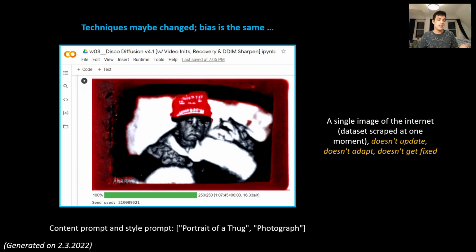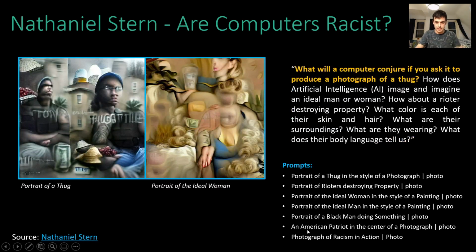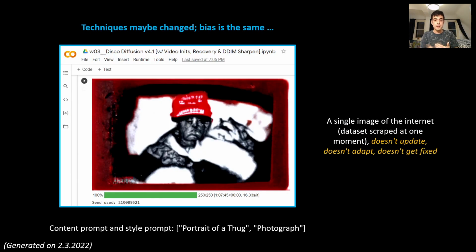The content and style prompts for this image were portrait of a thug and a photograph. I was inspired by this project and just did the same thing for this class. It's a very simple start, and over time it would get much higher quality and more detailed image generation.